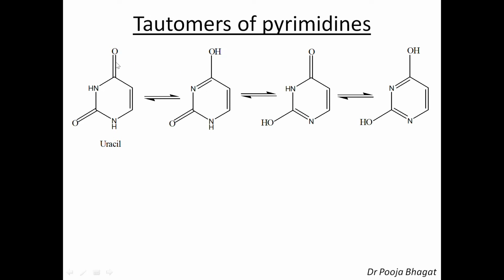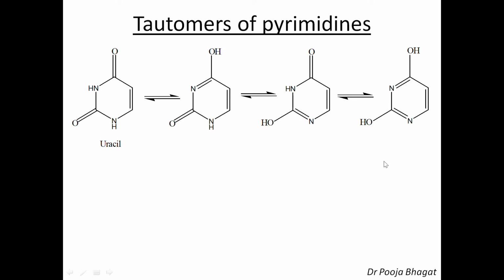So here in case of uracil, as you can see, at second position and at the fourth position, oxo groups are present. Now another tautomer will be where the fourth oxo group is present as the enolic group, the OH group. Another option is this oxo will remain as it is, the fourth one, and the second one as OH, as you can see here.